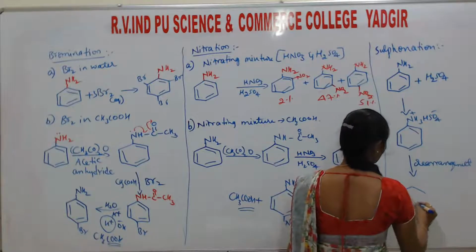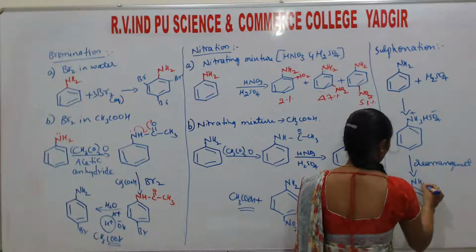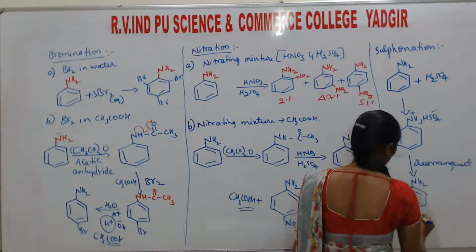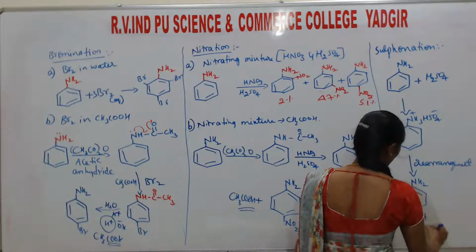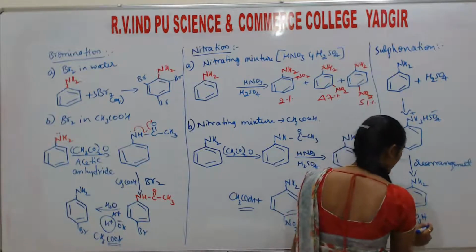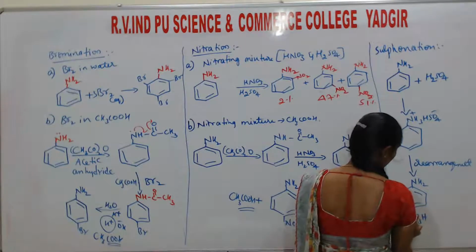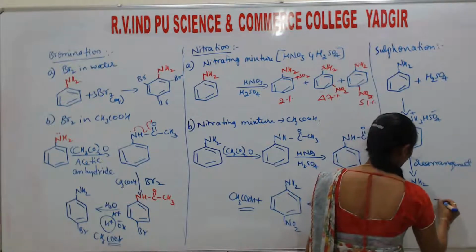it forms here NH2, here SO3H. Students, you may also write it as a zwitter ion.